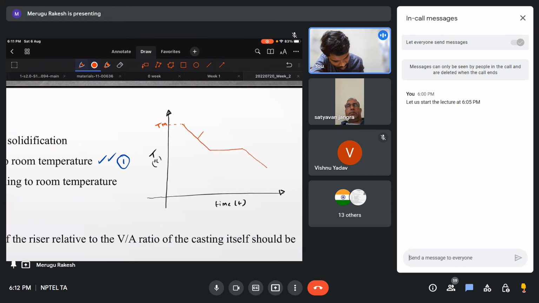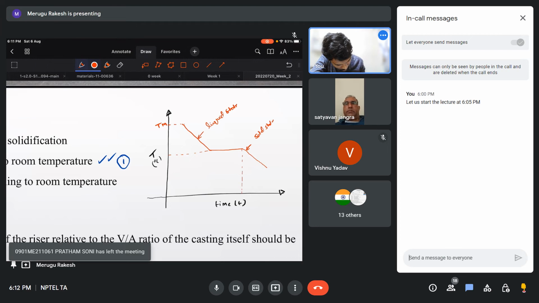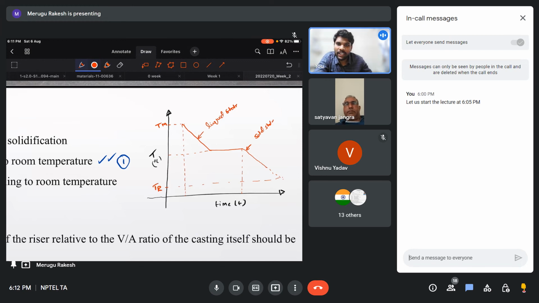So this region is liquid, it is in the liquid state, and this is in solid. And it will go to the room temperature, T2 and so on.